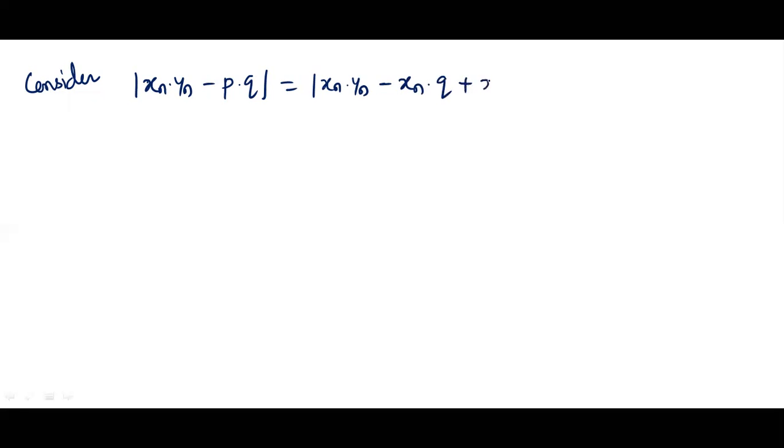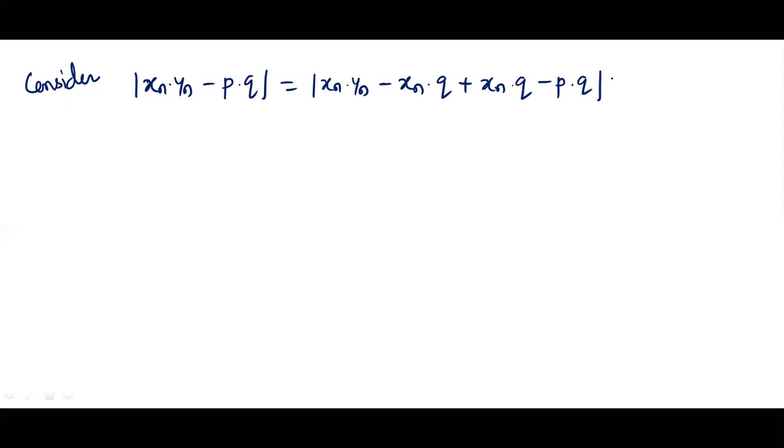Let's see one adjustment. Consider xn into yn minus p into q. We can write this term as xn into yn minus xn into q plus xn into q minus p into q.